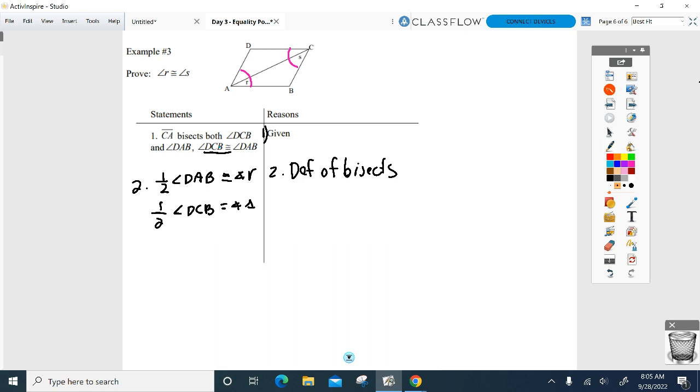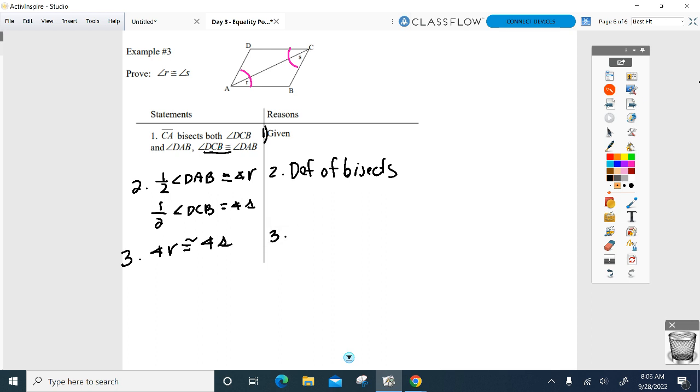All right, let's review what we've done and finish this up. What did you know about DCB and DAB, those angles? They're congruent, and we just took half of them. What do you know about the halves then? They're also equal. And what did we just call that? We gave the halves a name. What did we call the halves of those angles? Angle R, congruent to angle S. It's not substitution.